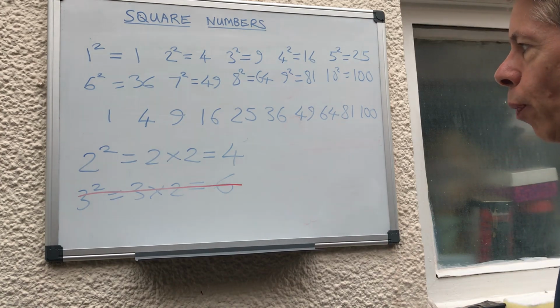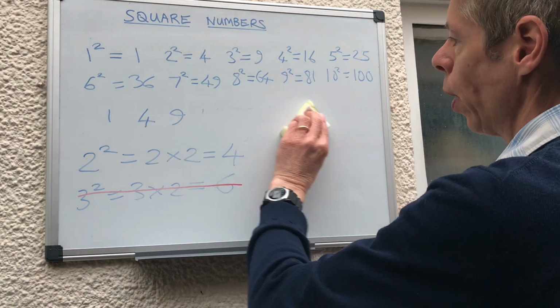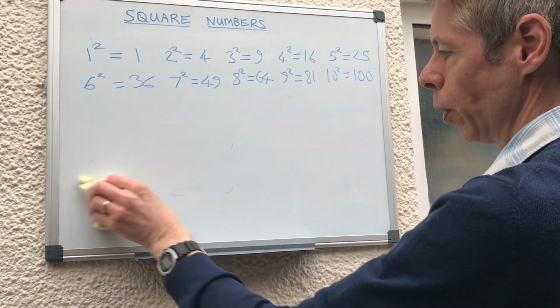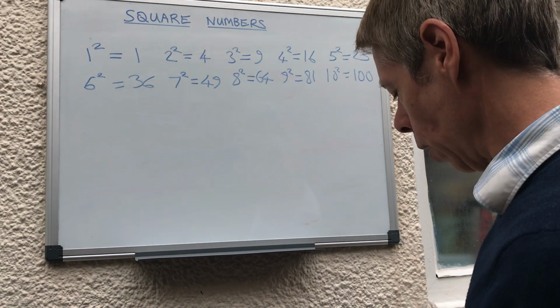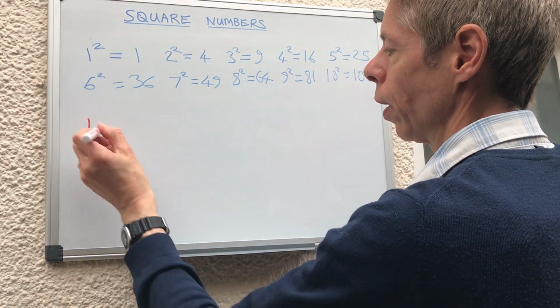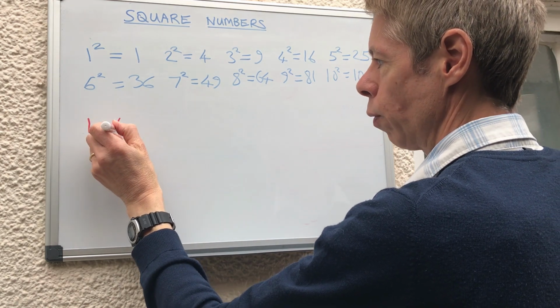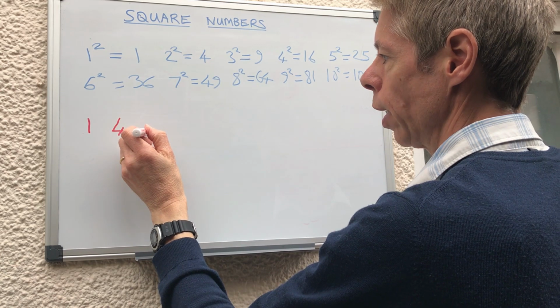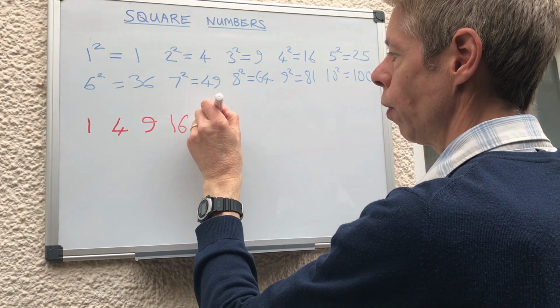Okay, so I'm going to show you something a little bit interesting with a sequence of square numbers, and this would help you calculate a square number. So the first square number, as we know, is 1. The next square number is 4. Next one is 9. Next one is 16. Next one is 25.